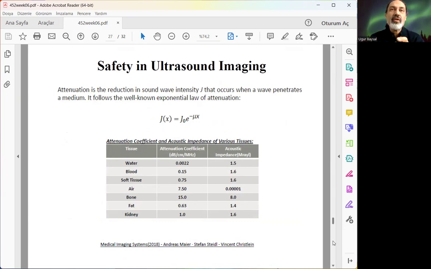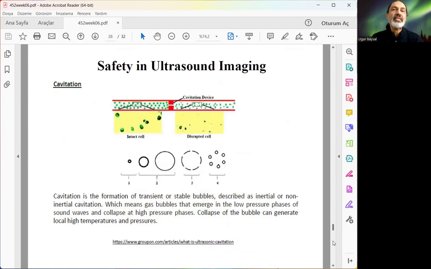Of course, if you send too little energy, then it will be absorbed in a shorter distance. You cannot see what's present in the deeper layers. So there's a compromise. You have to keep in mind that for all different tissues, there's a parameter of absorption coefficient, so you have to know your signal as well.